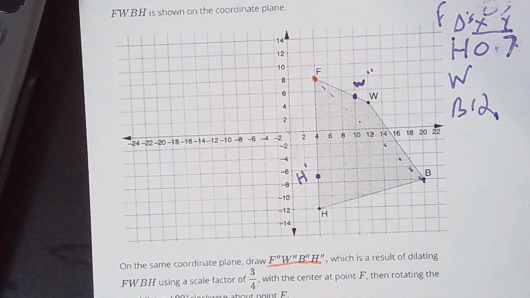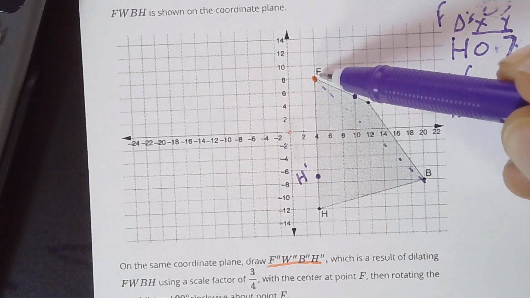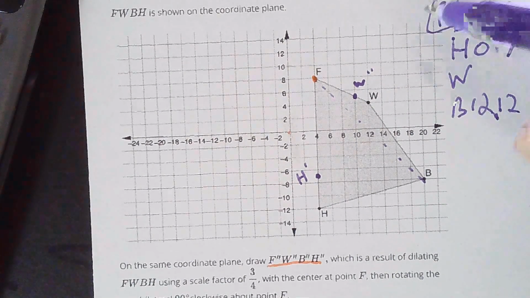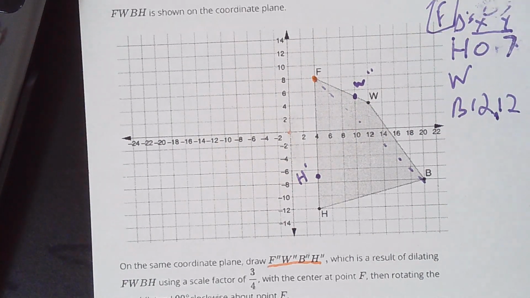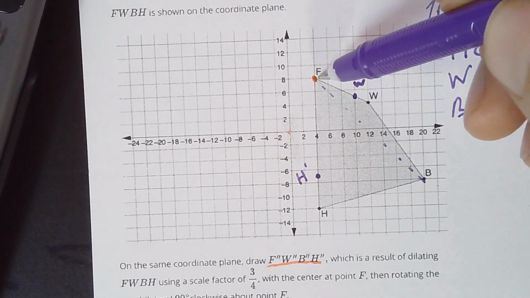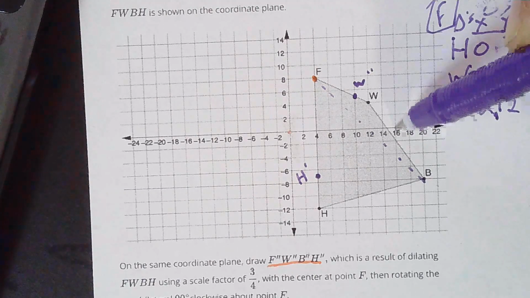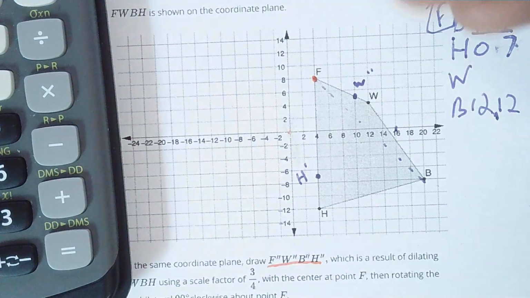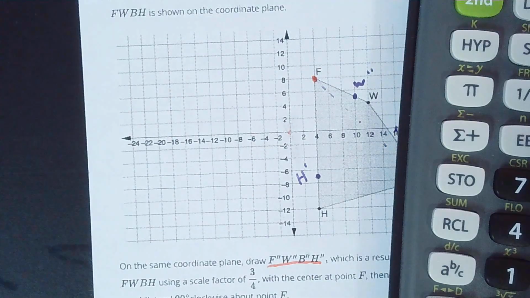My b is going to be 12 away from f in the x direction too, right? So this is all relative to f. F is my new origin, right? So it's going to be 12 from f. So f plus 12 is going to be 16 in the x direction, and f minus 12 in the y direction.